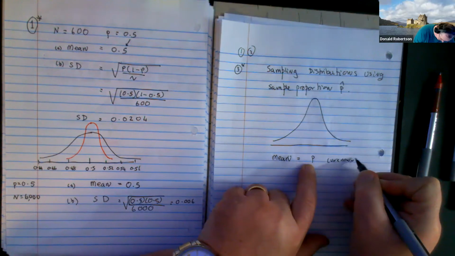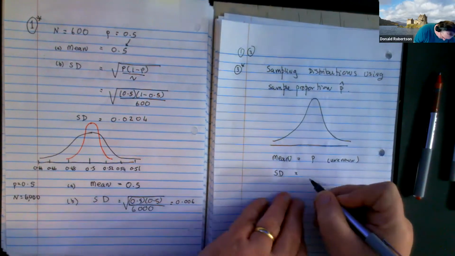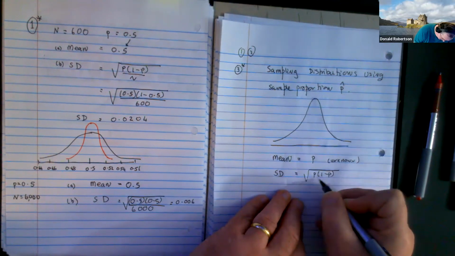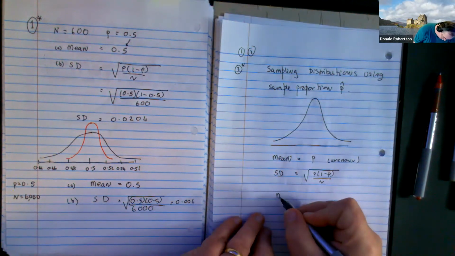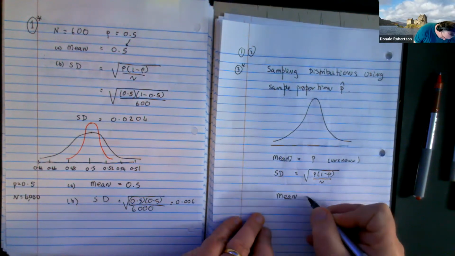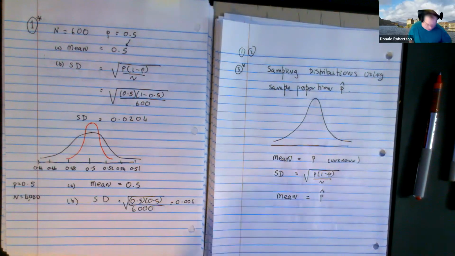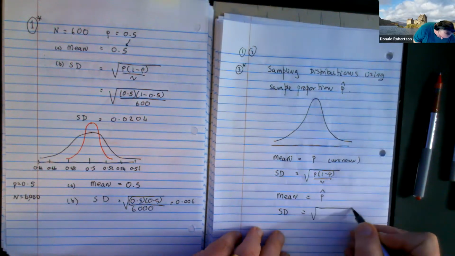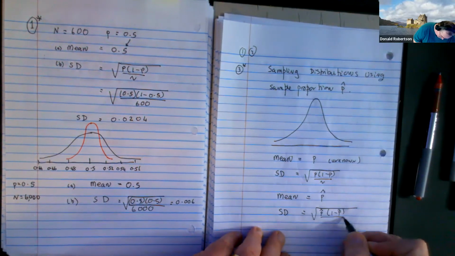And we know that its standard deviation should be the square root of p(1 minus p) over n, right? But since p is unknown, what's the best we can do? Well, we can do p hat, right, the sample guy. And the standard deviation is the square root of p hat(1 take away p hat) over n.